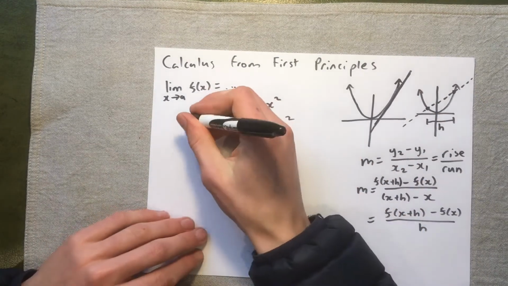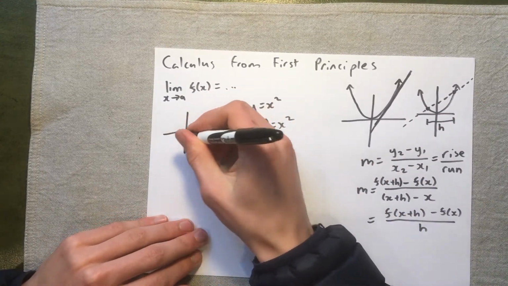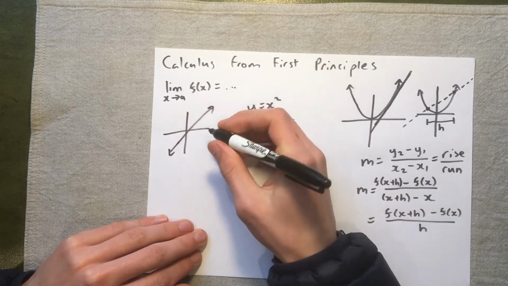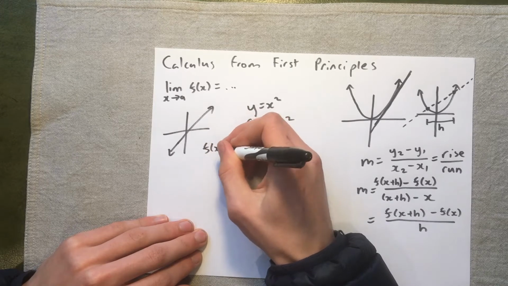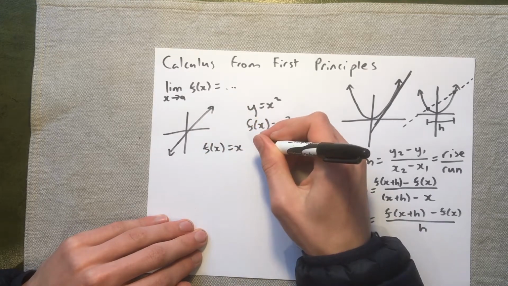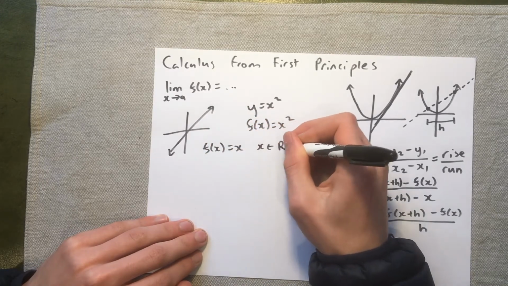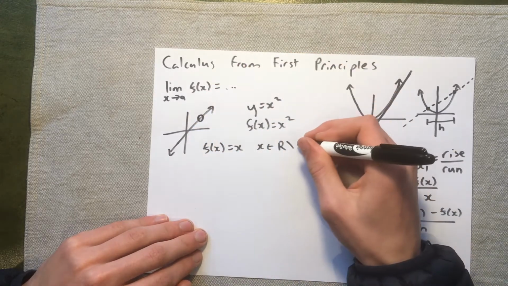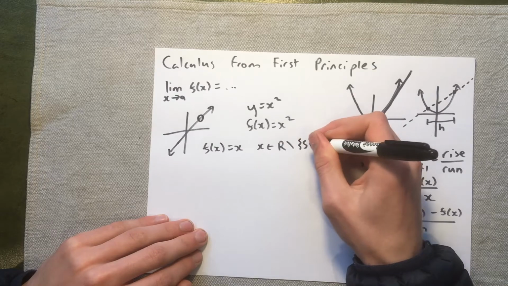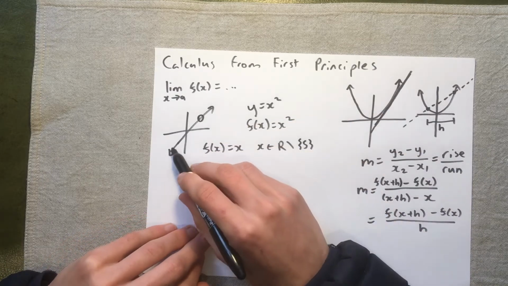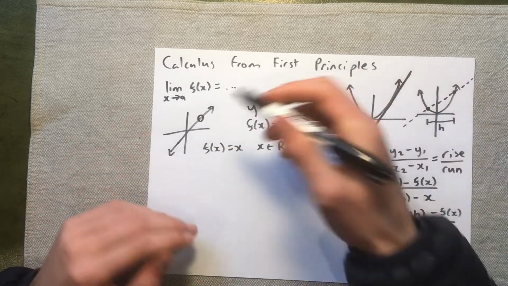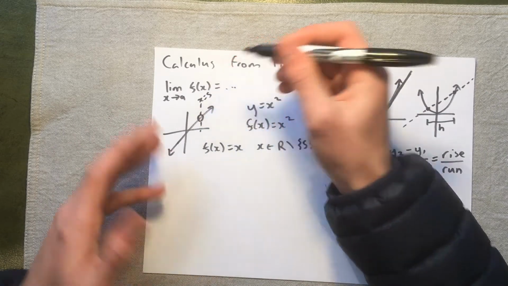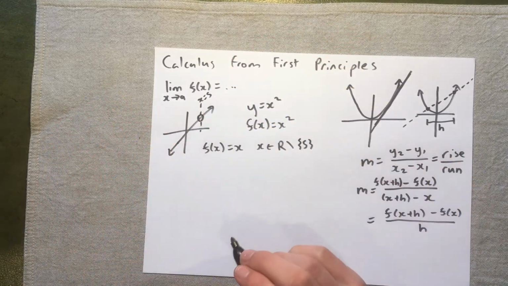So if we have the graph y equals x squared, this would look something like f of x equals x, where x is an element of all numbers excluding, let's just do a dot there, excluding 5. That means that all the numbers along this graph are possible except for the point where x equals 5, because that open dot means that we can't actually include that value.